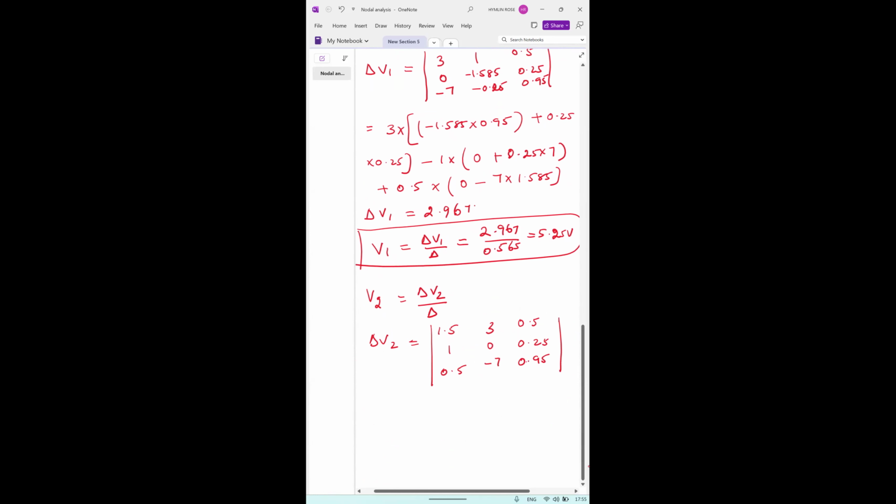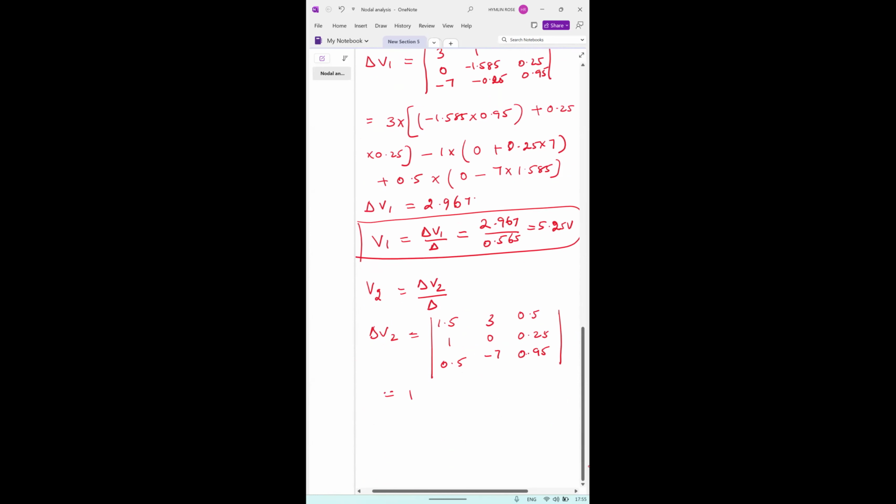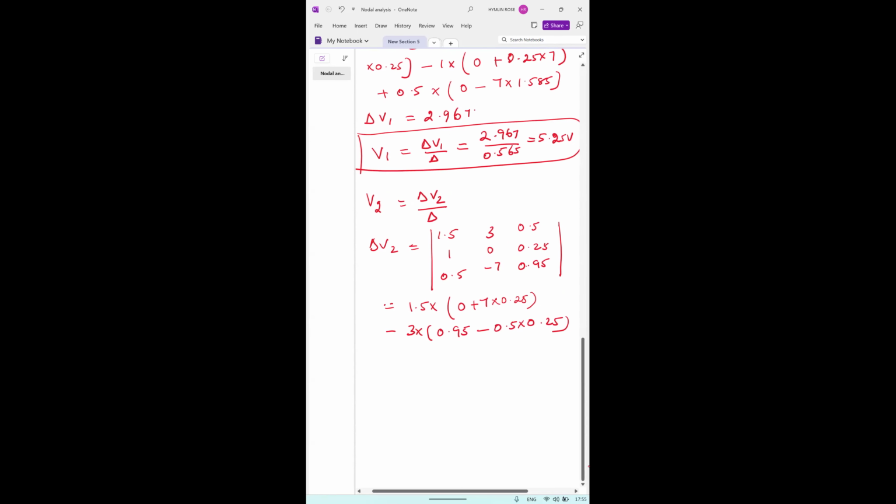So del V2 equal to 1.5 into 0, minus into minus becomes plus 7 into 0.25, minus 3 into 1 into 0.95, minus 0.5 into 0.25, plus 0.5 into minus 7 minus 0.